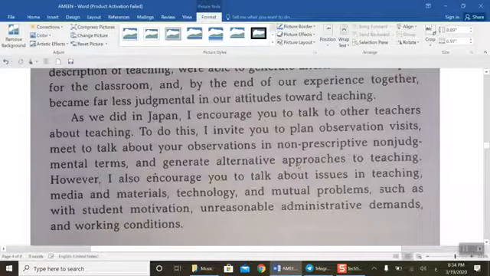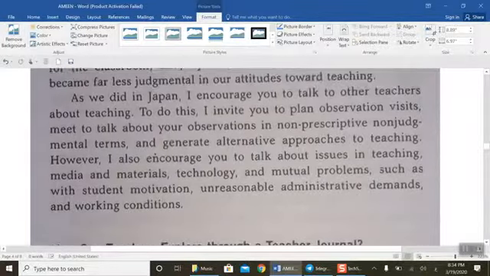That is the whole essence, in three lines. However, I also encourage you to talk about issues in teaching, media and material, technology, mutual problems such as students' motivation, unreasonable administrative demands, and working conditions.